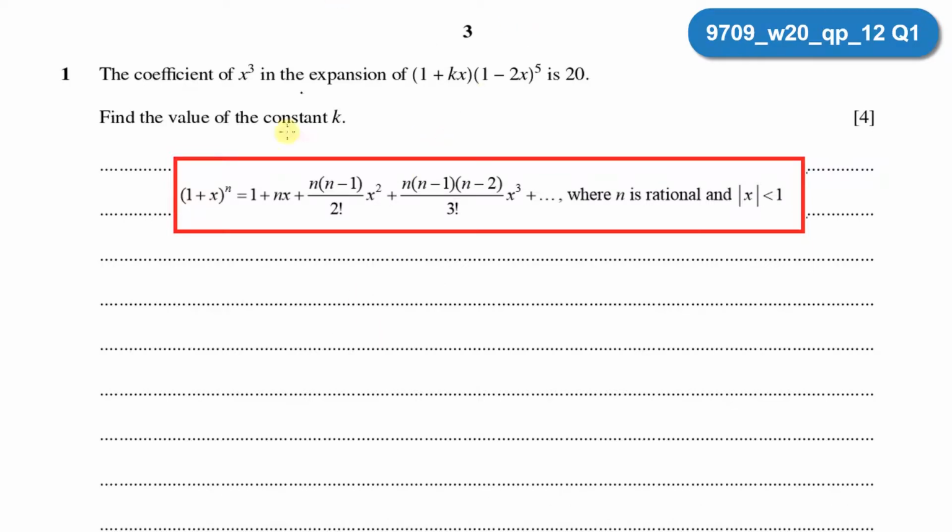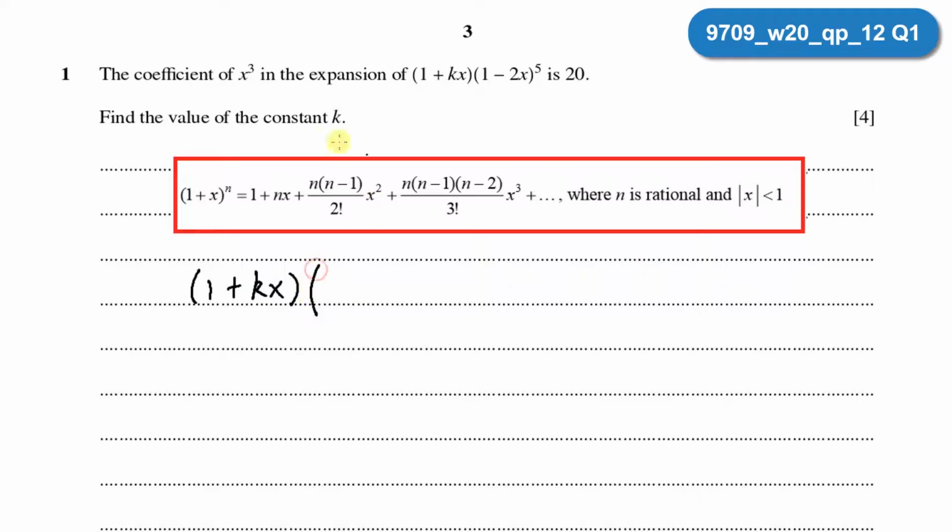So in this case, we have 1 plus kx multiplying the terms in the second bracket. But for the second bracket, we are only going to need the term in x squared and the term in x cubed, so that we can get the term in x cubed for the expansion.